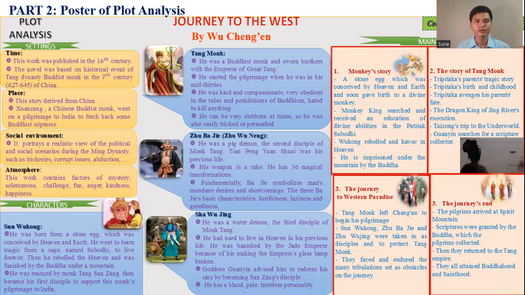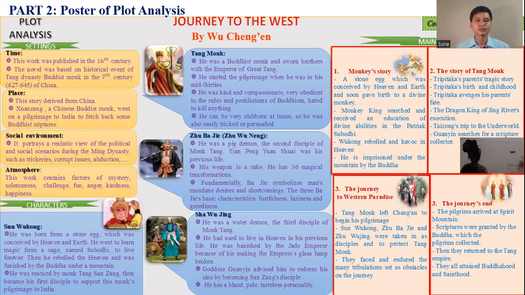He was very obedient to the rules and prohibitions of Buddhism, and he hated to kill anything. He can be very stubborn at times, so he was also easily tricked or persuaded.